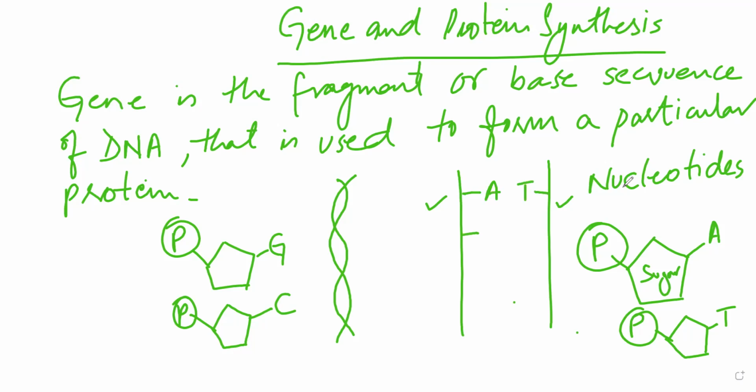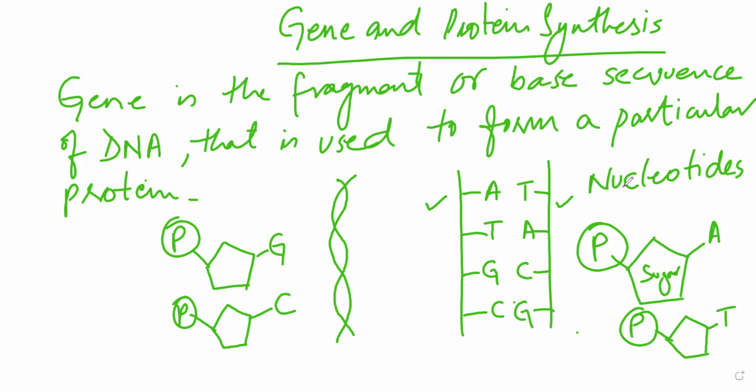They also show complementarity. What do we mean by complementarity? A can only be in front of T, and T can only be in front of an A, right? So this is the complementary base pairing. And G always pairs up with C, and C always pairs up with G, no matter what the sequence of the gene is, right?